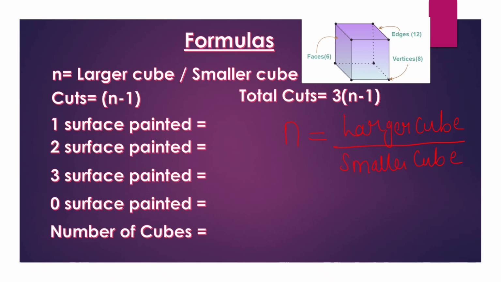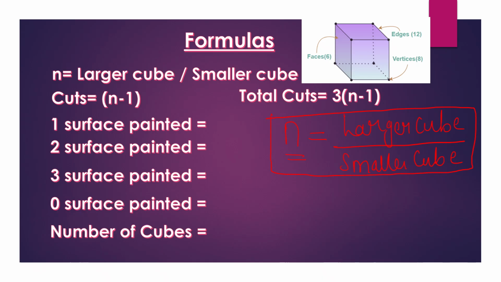So when we solve the questions, you will be more clear about these formulas. For now, just note it down, whatever I'm writing, or take a screenshot of it. So n means the larger cube upon the smaller cube. That is how we find out n.